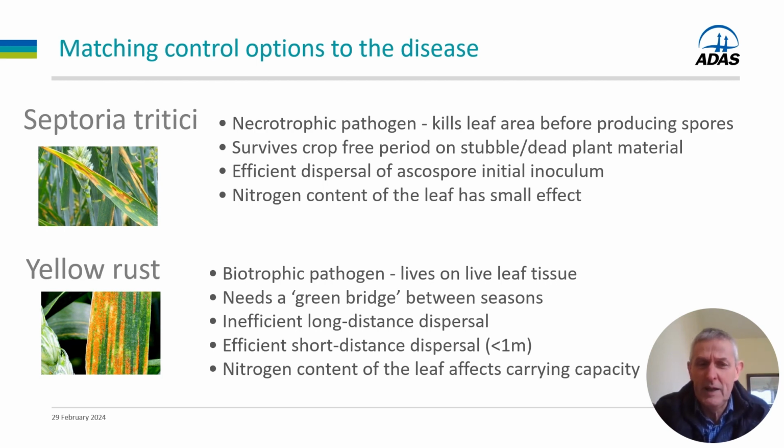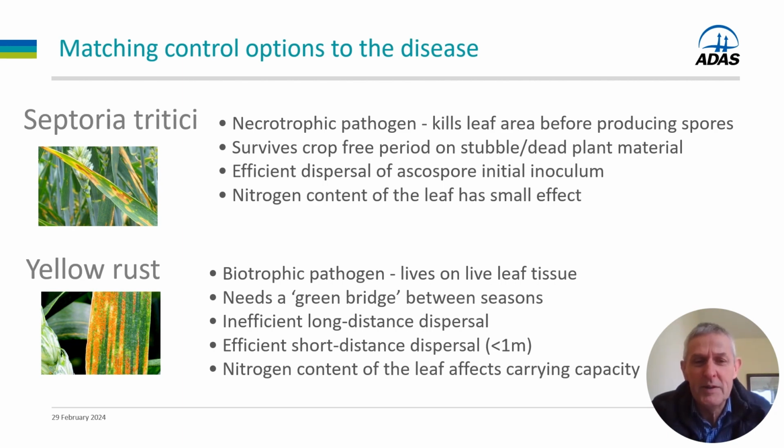And the other problem it has is that it's really quite inefficient at long distance dispersal. So the urea spores that are produced tend to clump together because they're quite sticky, into little lumps of spores, and it takes a lot of wind to dislodge them from the leaf surface and move them, compared to an ascospore of Septoria, which is actually blown out into the wind.